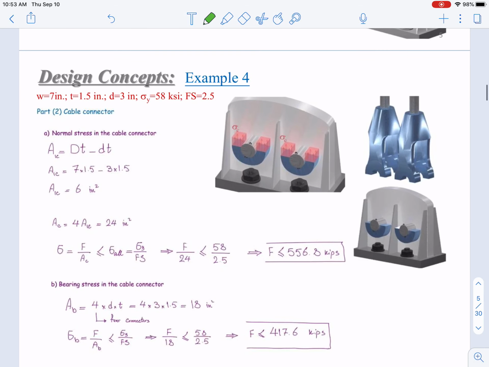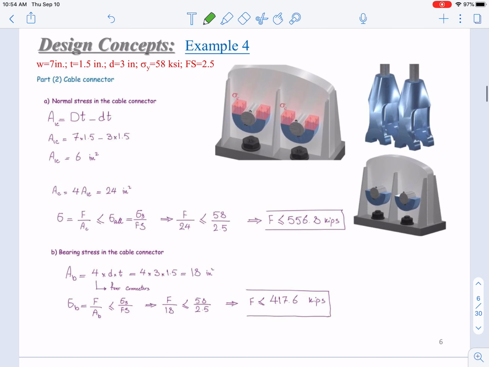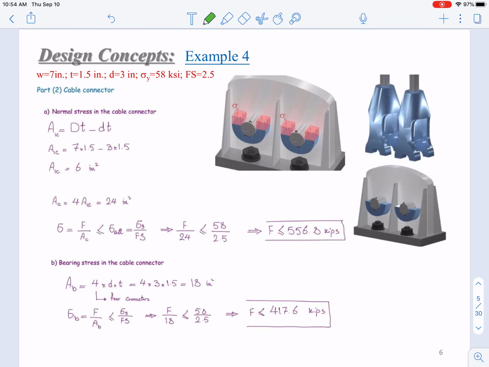So in the cable connector, again, it's just as we mentioned, you have 2 steps: normal stress and bearing stress.